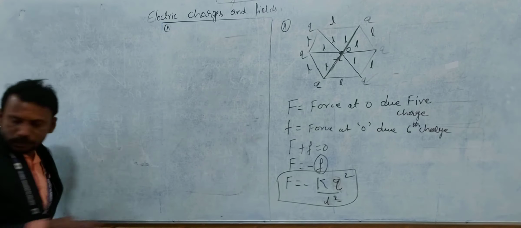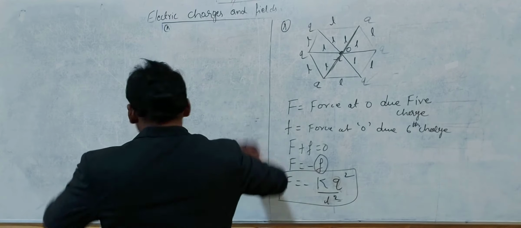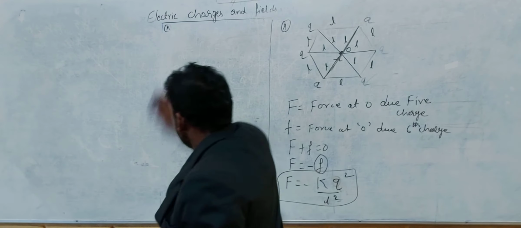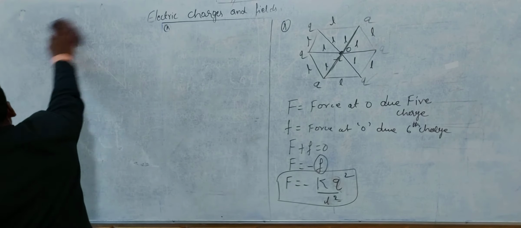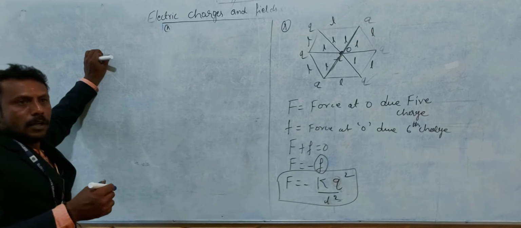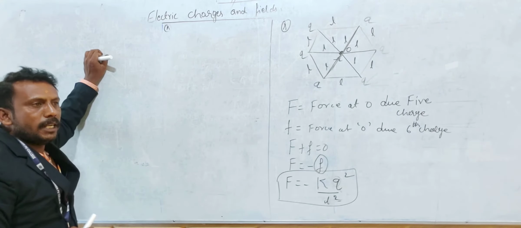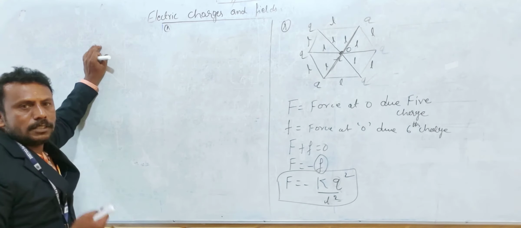Okay. Next application. If capital Q is divided into two parts, one is Q1 and another one is Q2.